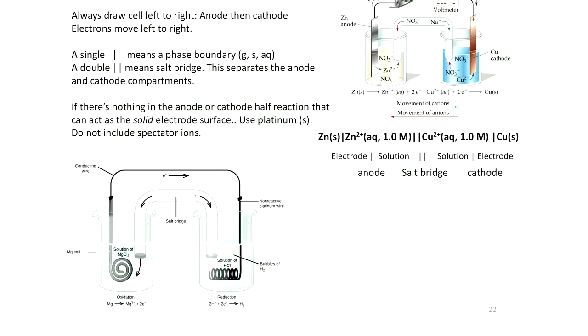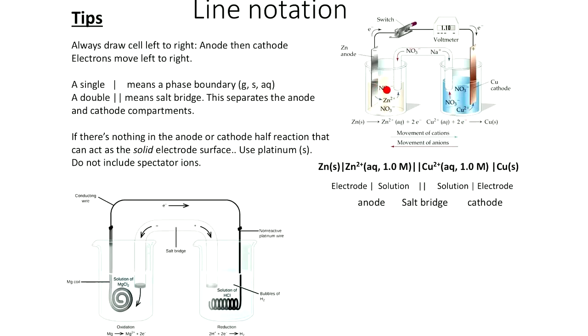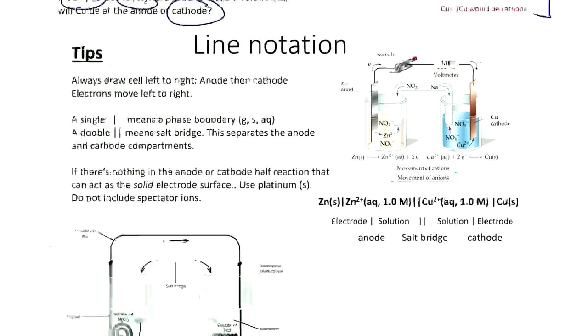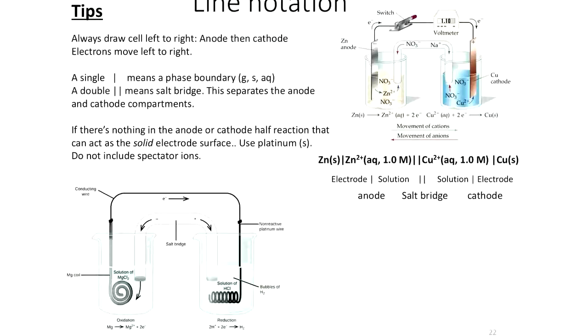To read this, here's the zinc copper voltaic cell, exactly what we have down there. This is hard to draw in Word, but instead we can say these substances are what's in your anode, your oxidation half reaction in your anode compartment, and everything on the other side of this double line salt bridge boundary is everything in your cathode compartment. Typically, line notation says exactly how electrons are being transferred.